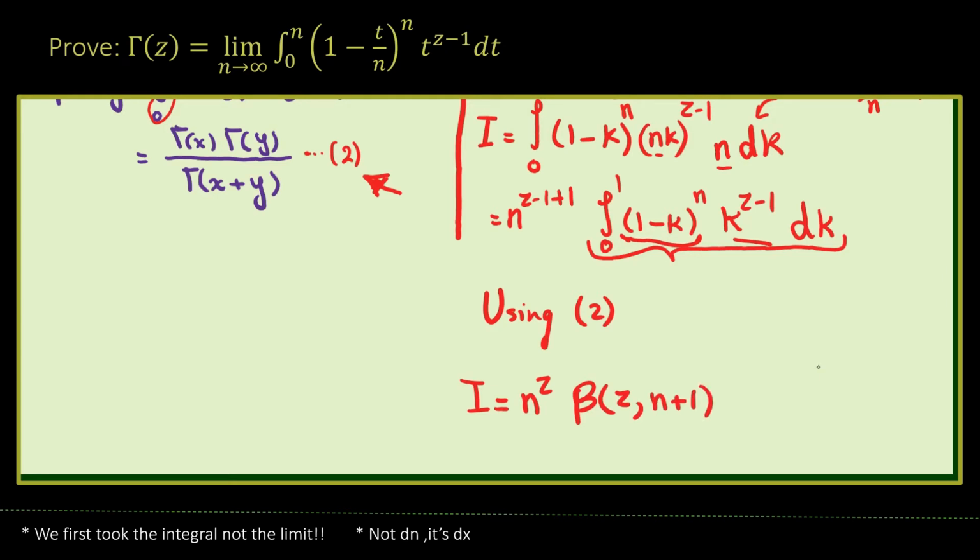Also by using the relation between beta and gamma, because we have two parts, we can substitute with gammas instead of beta, and that will give us n raised to z, gamma z, gamma n plus 1 over gamma z plus n plus 1.